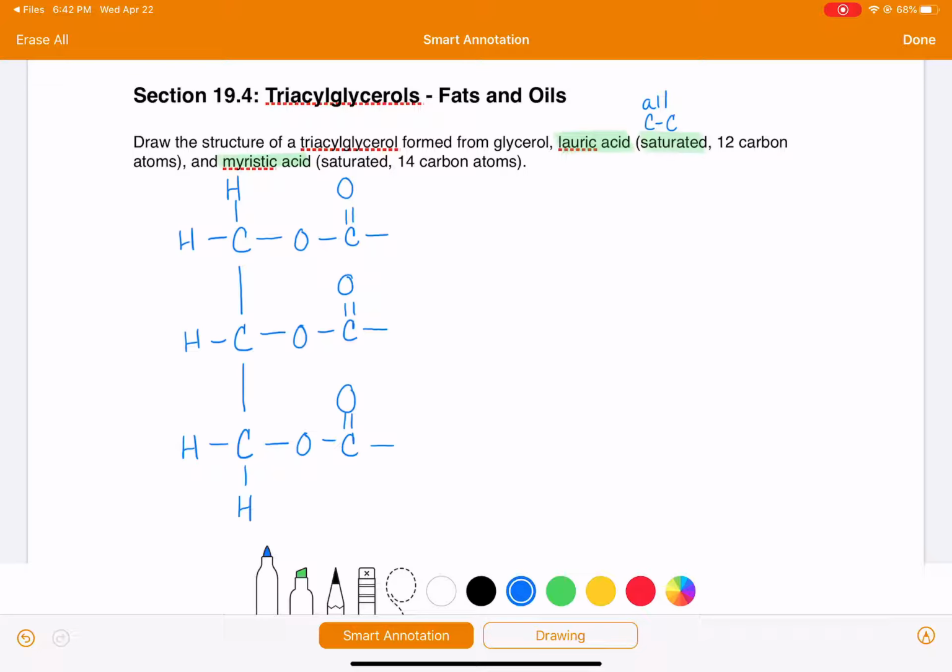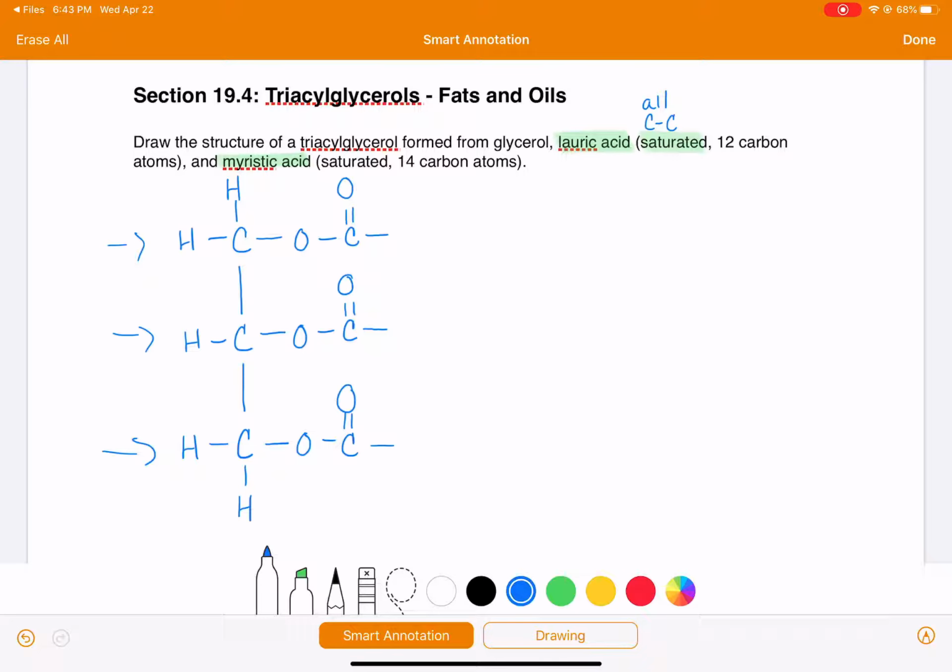It doesn't tell us where on this we should put the lauric or myristic acid, which means we can put it wherever we want. It also doesn't tell us how many we need to have. We need to have a total of 3, but 2 of them are going to be lauric acid and 1 myristic, or 1 lauric and 2 myristic. But we don't have any rules here, which means we can just do whatever we want.